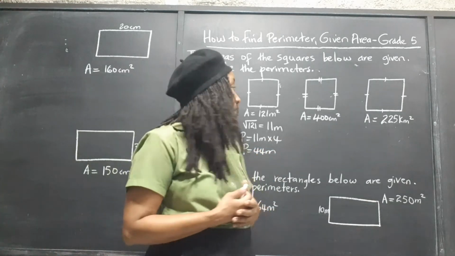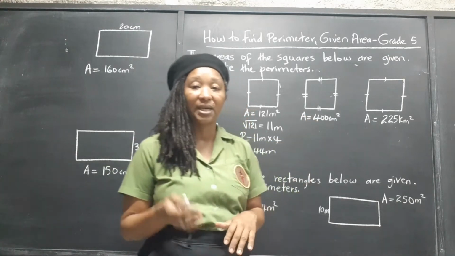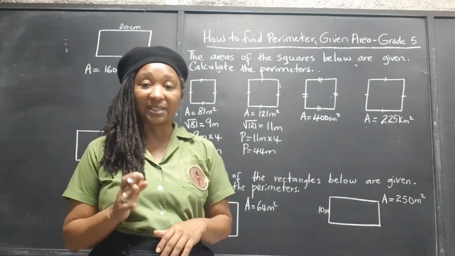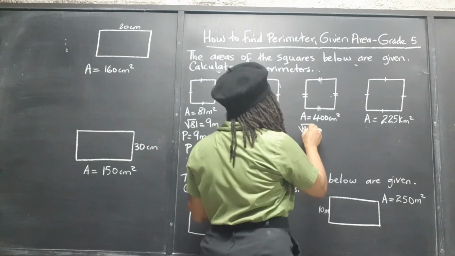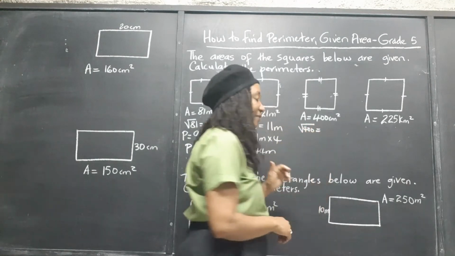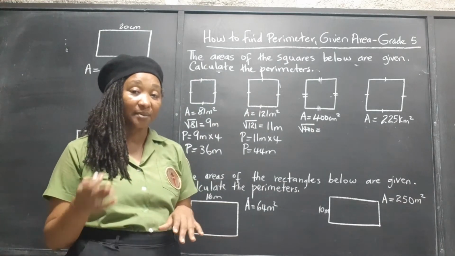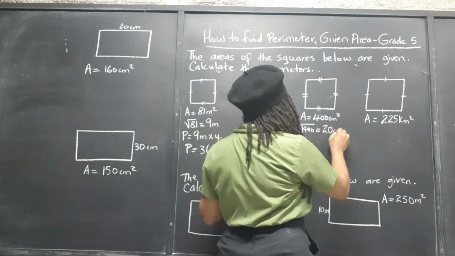Okay? Alright, now we have the area of this square is 400 centimeters square. Let us find out what the side is. The side would be the square root of the area, which number times itself gives 400. That's 20 times 20. So 20 centimeters.